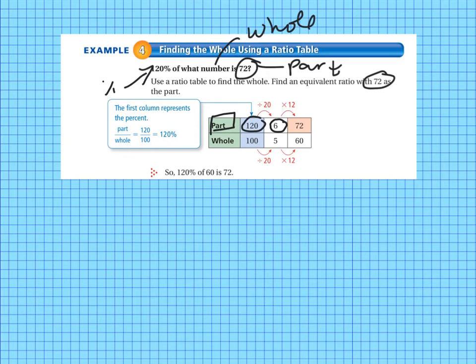And if I divide the top by 20, I have to do the same thing to the bottom. 100 divided by 20 is 5. And then I have to multiply by 12 to make that top number 72. And if I multiply the numerator by 12, I have to multiply the denominator by 12. So 5 times 12 equals 60. So that means that our whole number is 60 if our part is 72. So 120% of 60 is 72.